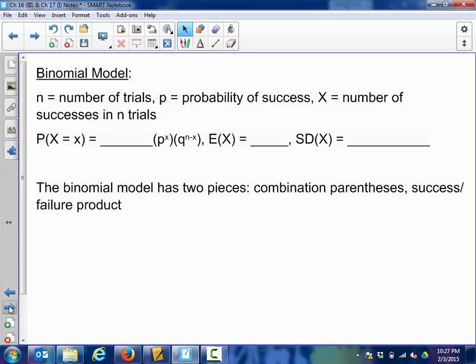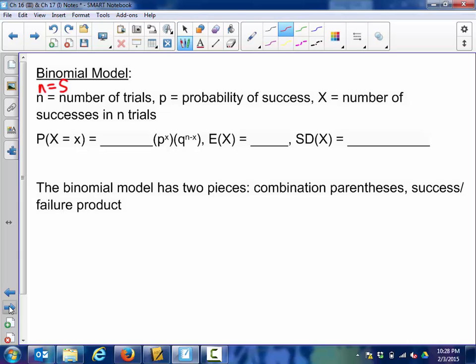You guys are going to do that some more in class. The binomial model is more powerful. Whereas the geometric model says, what's the probability that our first success occurs on the xth trial, where x could be 1, 2, 3, 4, 500, etc., the binomial model says, if I have n trials, let's say I do 5 flips of a coin, okay?